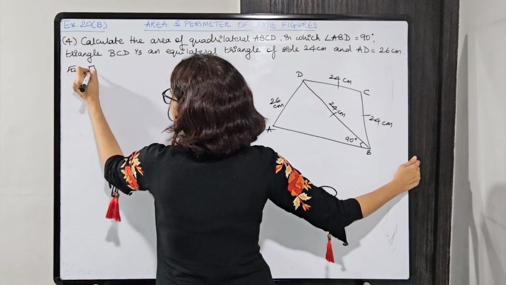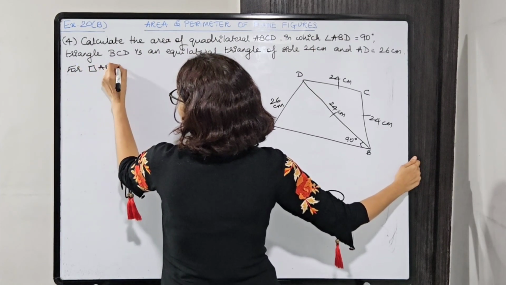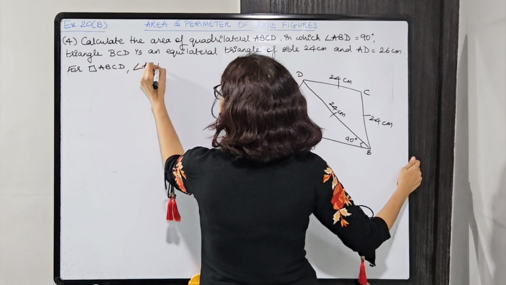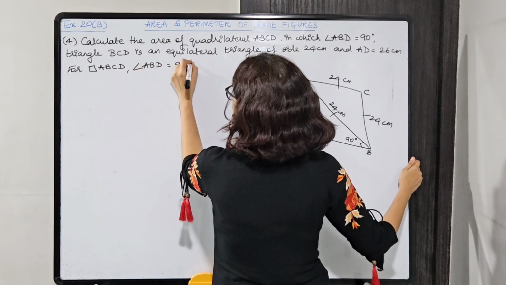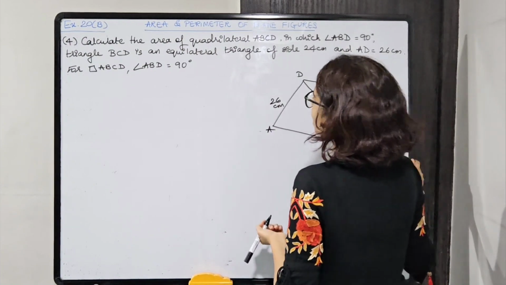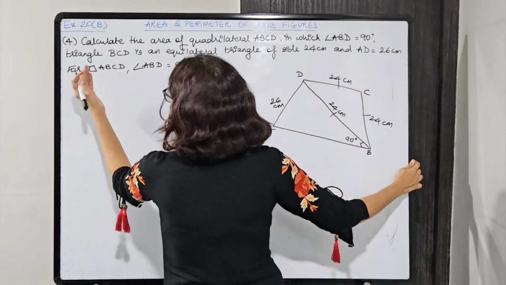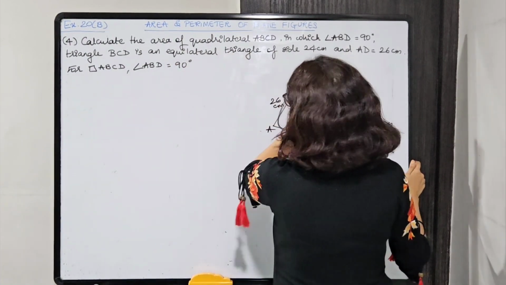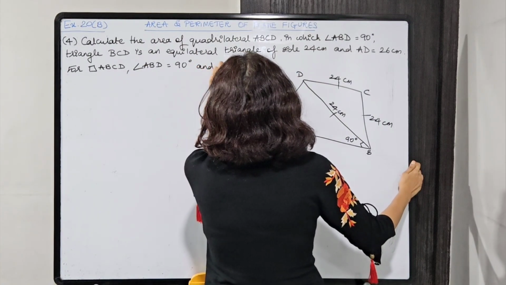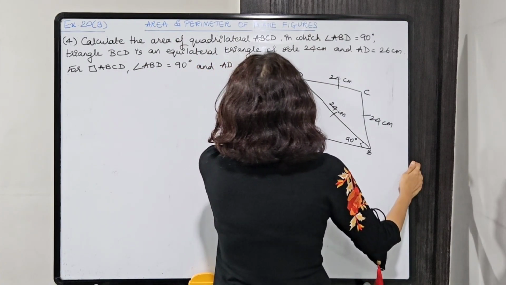First, write down the given information. For quadrilateral ABCD, we are given angle ABD is equal to 90 degree. Okay, what else? Triangle BCD is an equilateral triangle. So वो बाद में लिखते हैं, पहले sides लिख लेते हैं. Okay, so AD is 26 centimeter.